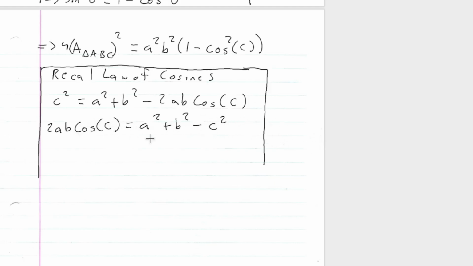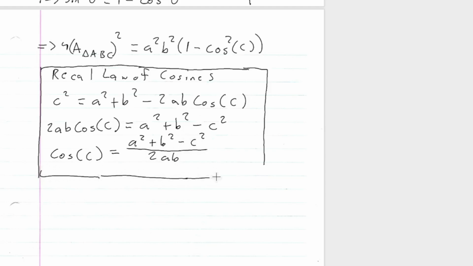And then if I want to solve for cosine C, I can divide both sides of this equation by 2ab. So this gives me cosine of C is equal to a squared plus b squared minus c squared all over 2ab. So that is my cosine C from the law of cosines.